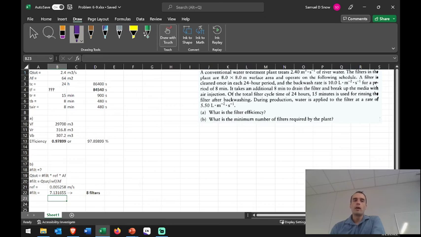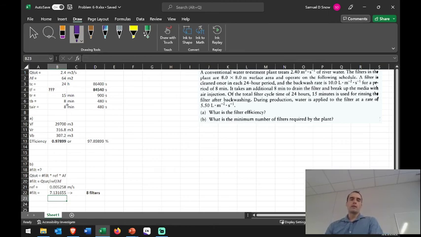I went ahead and converted that all to seconds, just because I thought that was going to be more convenient. So 24 hours times 3,600 seconds per hour is 86,400 seconds. Time of filtration was unknown.